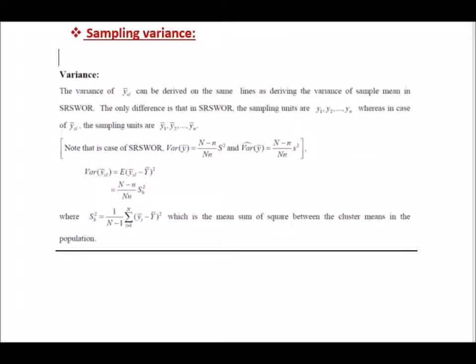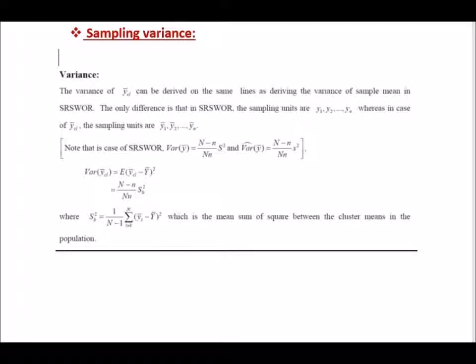Next, we will go further to the sample variance. The variance of cluster Y bar can be derived on the same lines as deriving the variance of the sample mean in SRSWR.